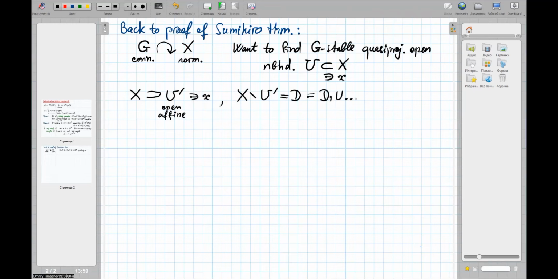For the previous open subset U sub g regular, you have taken the regular locus, the smooth locus of X, and removed this divisor. And now you take the whole X.